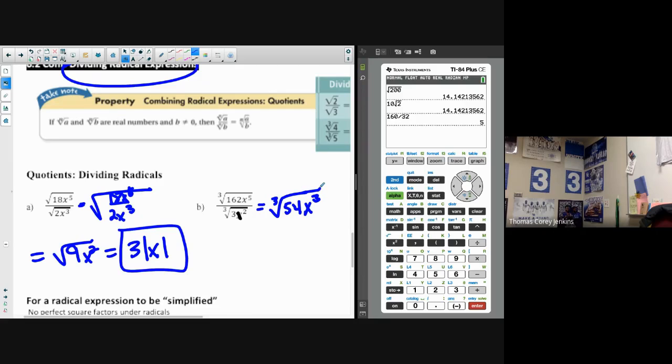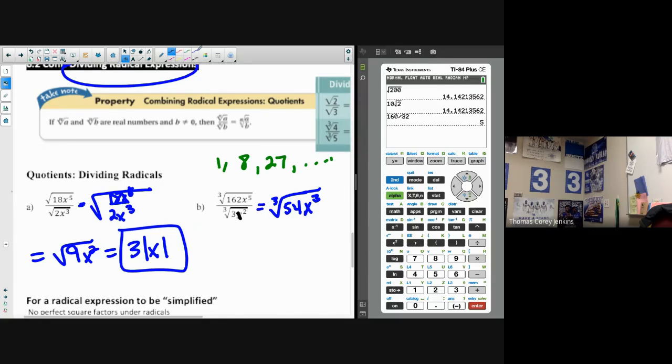And then we try to simplify. So is 54 a perfect cube? I don't know about you guys, but I have to list these out. 1 cubed is 1. 2 cubed is 8. 8 doesn't go into 54. 3 cubed, I think that's going to be our winner, is 27. And then the next one's bigger than 54. So the cube root of 27 is going to be 3.